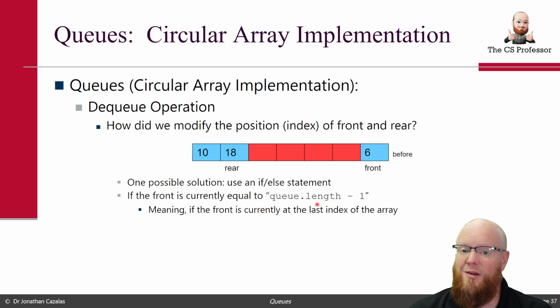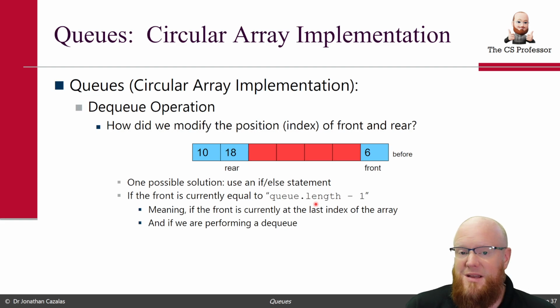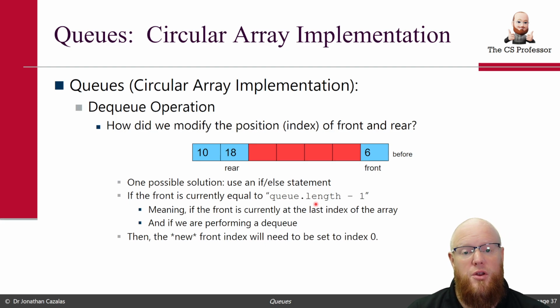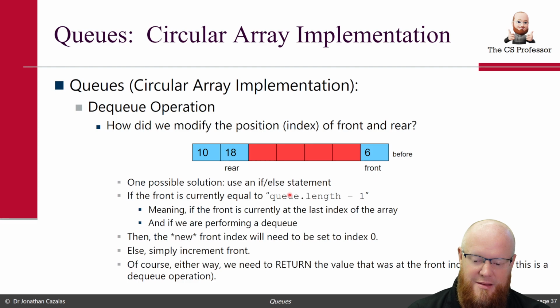If the front is currently at index 6, this means the front is at the last cell of the array. And if we're going to perform a DQ, clearly we can't just increment it to index 7, because there is no index 7. So if we perform a DQ, the new front index must be set to index 0. Else, if the front was not equal to q.length minus 1, we simply increment front. Either way, we then return the value.